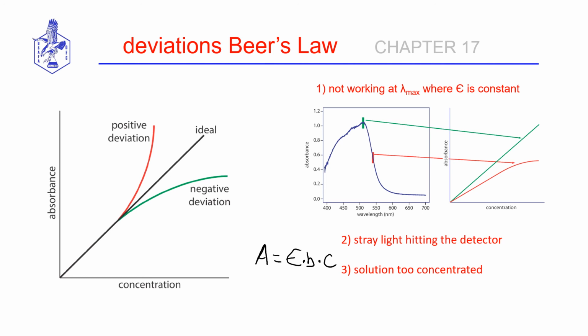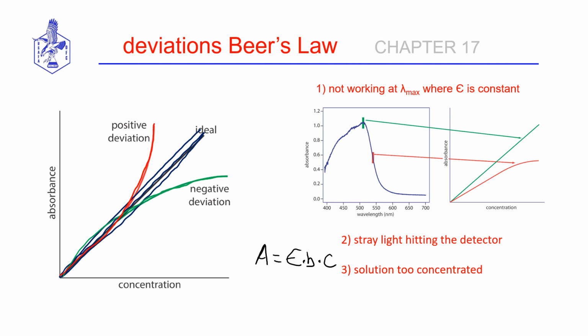Ideally, we want to see linearity between absorbance and concentration. That's the ideal. But the reality is sometimes we get deviations where it's no longer linear and it either bends over in a negative direction or bends upward in a positive direction.